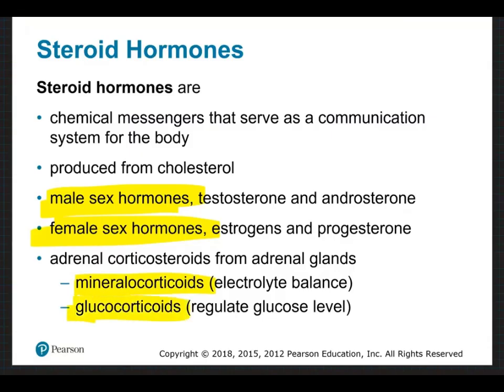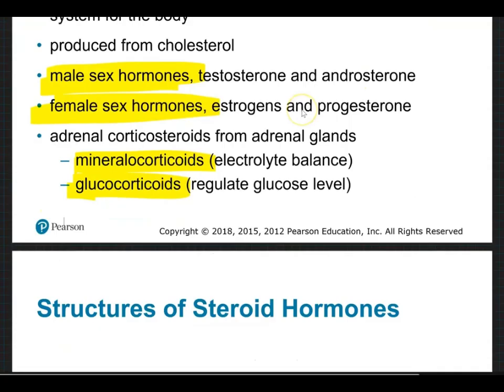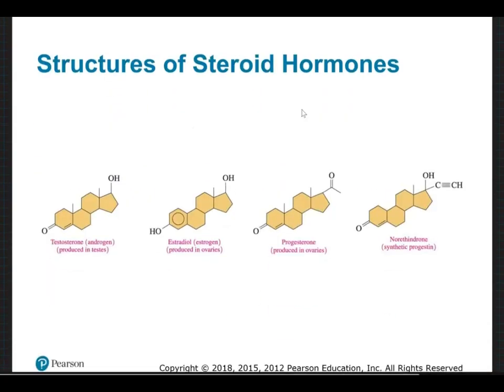Now, these are some different steroid hormones. Those are naturally produced. Testosterone is produced in testes, not surprising. Estradiol is produced in ovaries as well as progesterone. This is the synthetic analog of a progesterone.